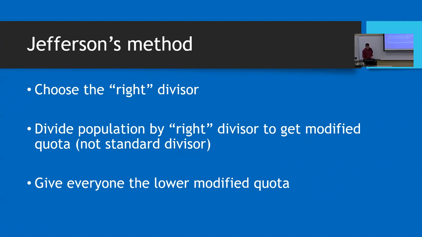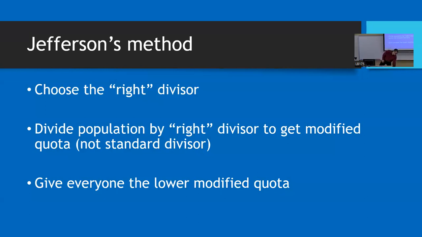So we divide by the correct divisor, and we give everyone the number of representatives that matches the lower modified quota. And when we do that, magically the lower modified quota matches the number of representatives that we want. Okay, not magically, but you guys get the idea.